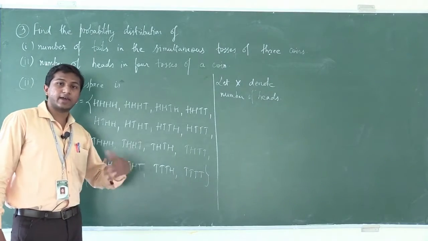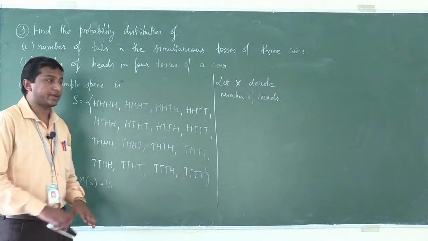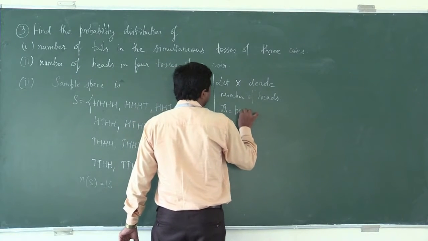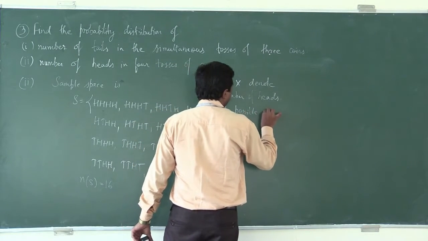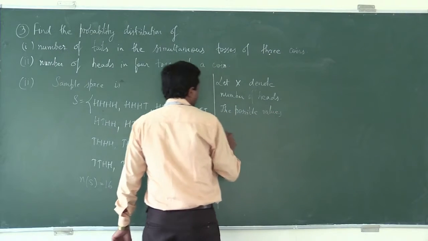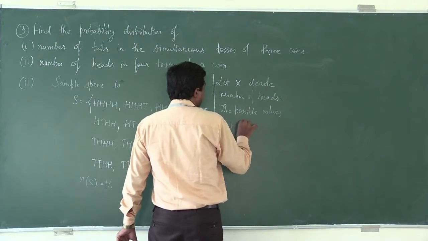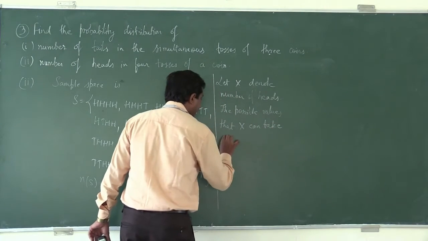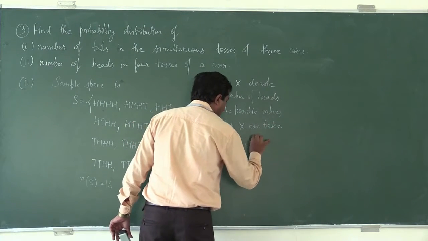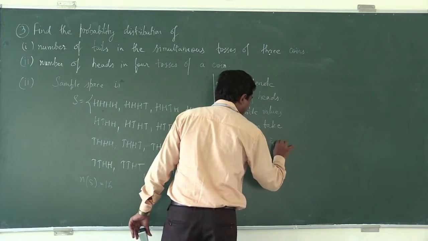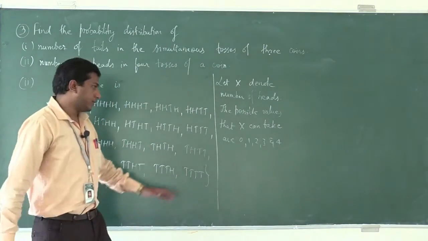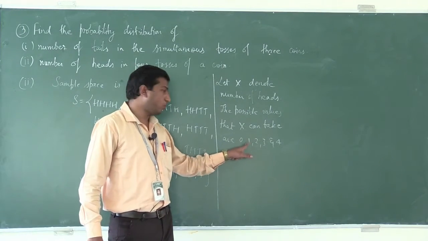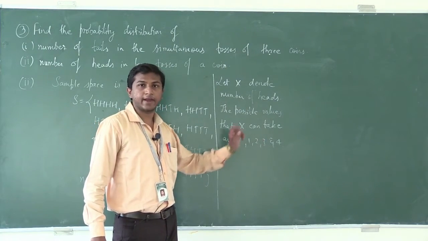In the least I can have no heads or 0 heads. So the possible values that X can take are 0, 1, 2, 3 and 4. So there are 5 possible values that X can take.